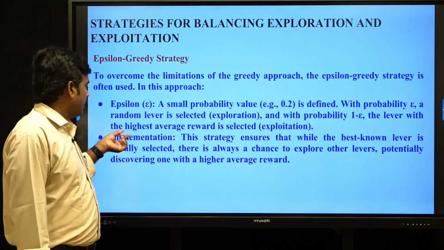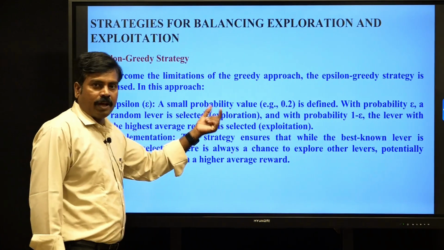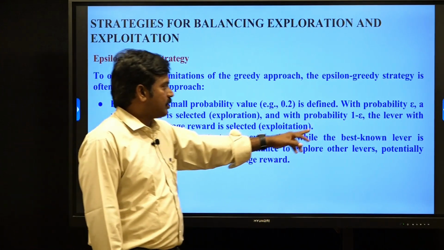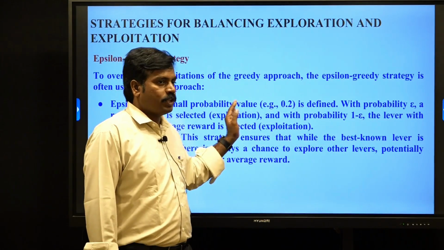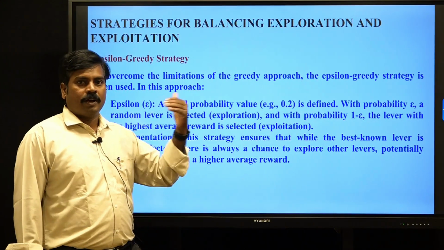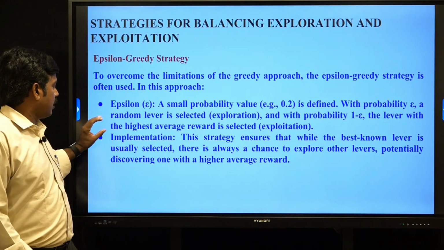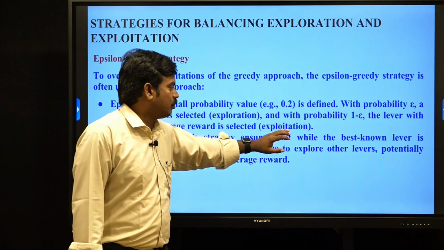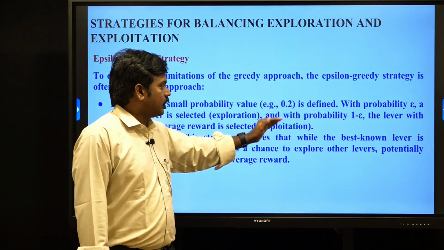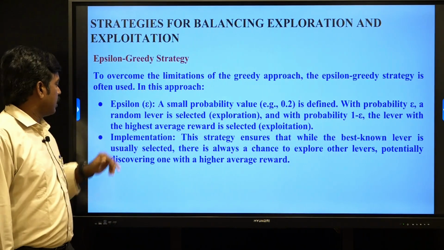It opens the highest average reward bandits. It opens the highest reward 1 minus epsilon of the times, and epsilon of the times it focuses on exploration, meaning finding the values of new missions as well as the already existing ones. Exploitation is focused on more, and exploration less, in the epsilon greedy strategy.